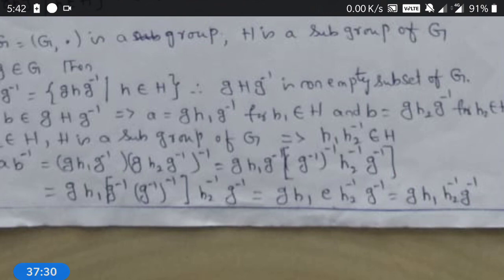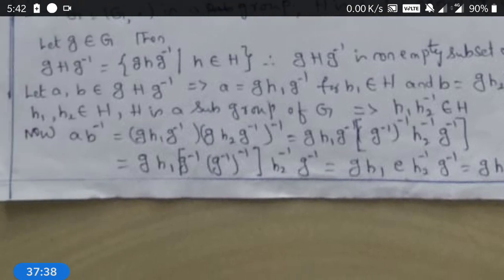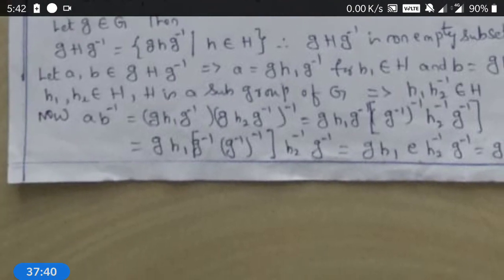Therefore, gHg inverse is a non-empty subset of G. That is, gHg inverse is a subset of G, and gHg inverse is non-empty.